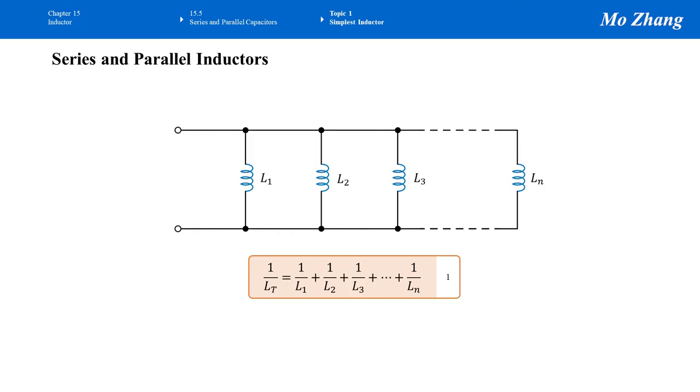The total inductance Lt can be calculated this way. And this formula is not new. It's similar to finding the total resistance of an n parallel resistor circuit. That formula, the reciprocal formula. So 1 over Lt equals take the reciprocal of every term, every inductor, and then add them up.